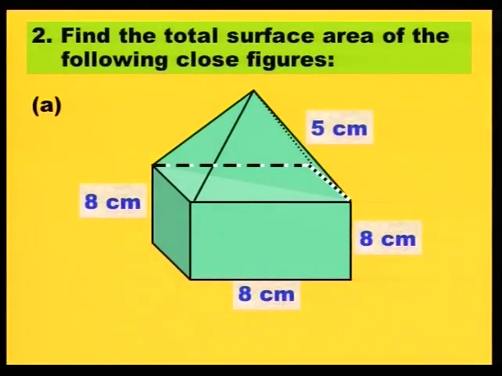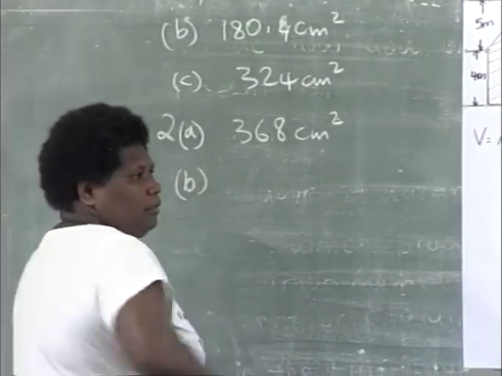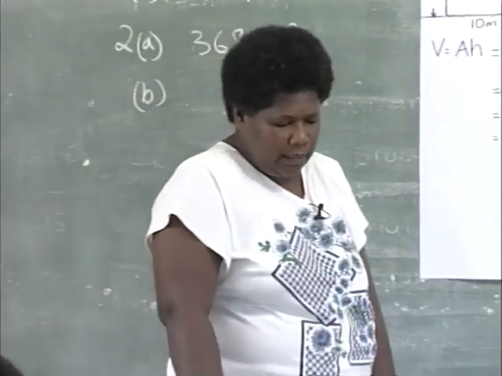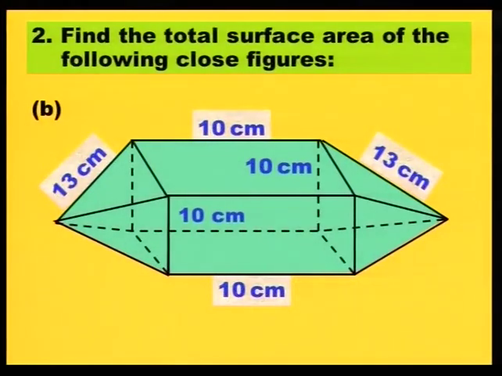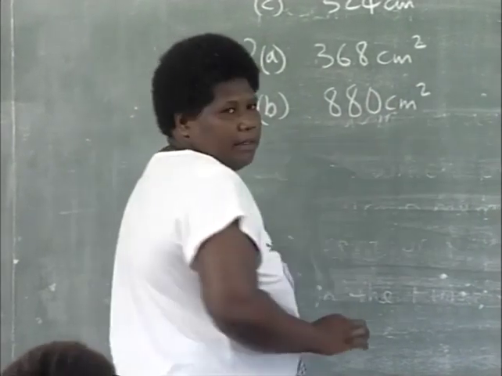George. 368 square centimeters. Letter B. Raylene. 2B. 880 square centimeters.